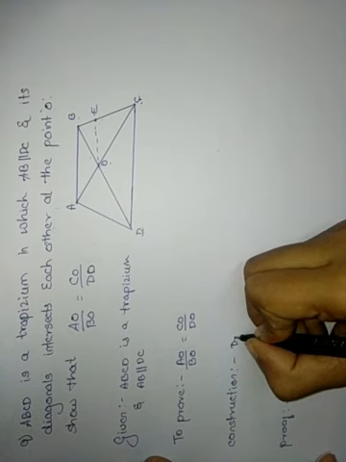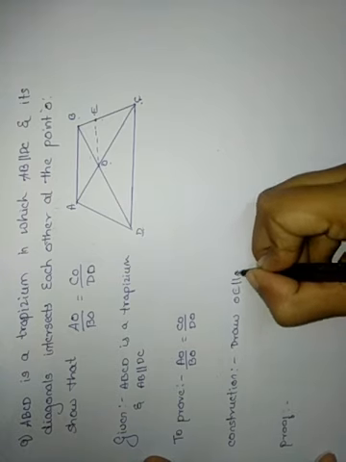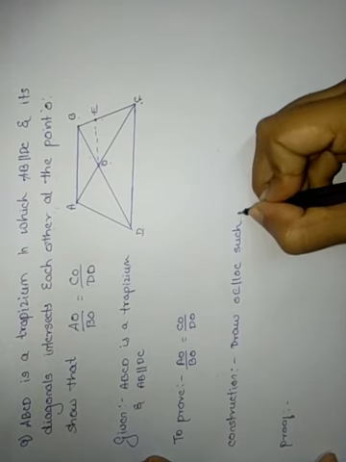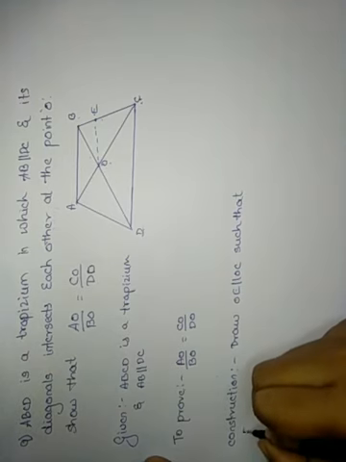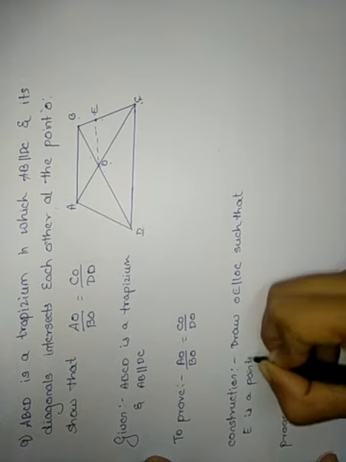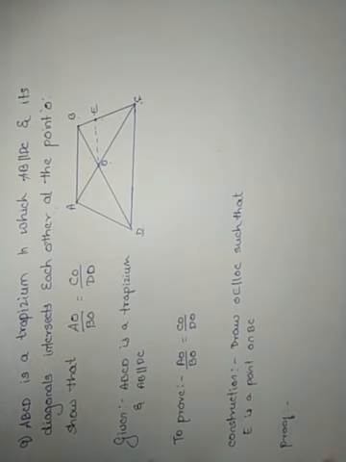We'll write: draw OE parallel to DC such that E is a point on BC. Now we'll start the proof.